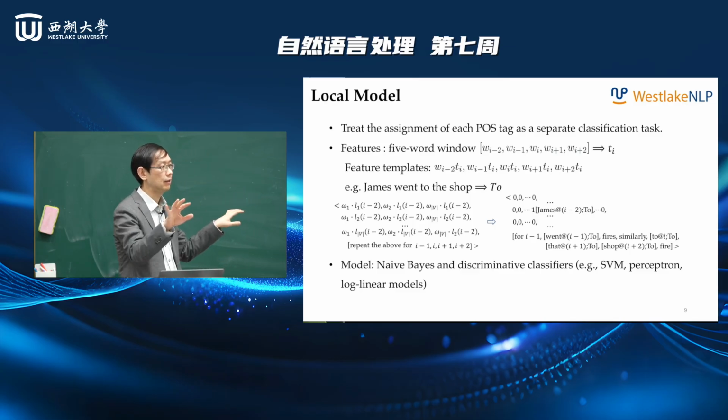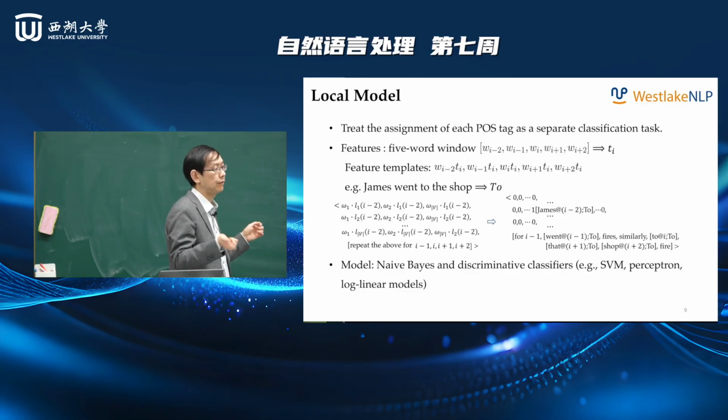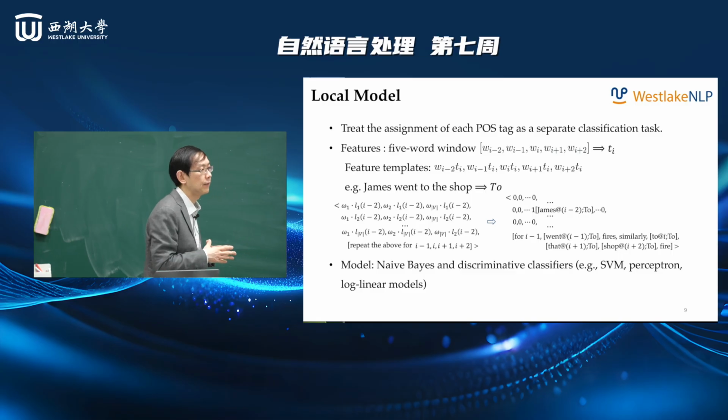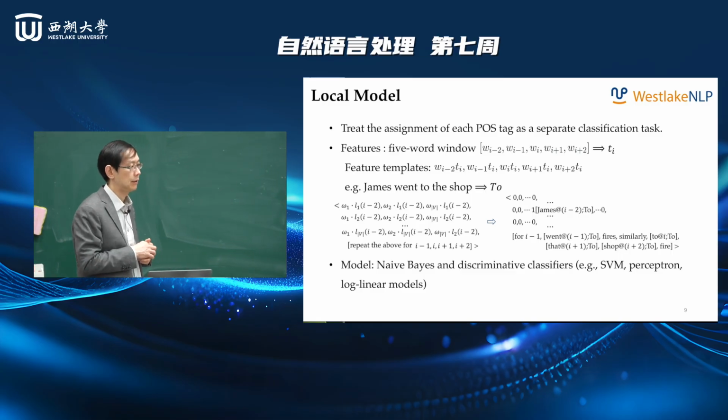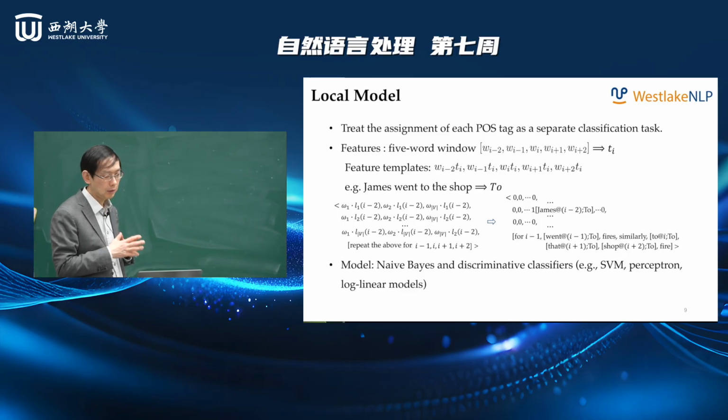There are 5 words, right? We just combine every word in this 5-word window with the current part of speech tag, and we result in 5 feature templates. They are w_{i-2} t_i, w_{i-1} t_i, until w_{i+2} t_i.